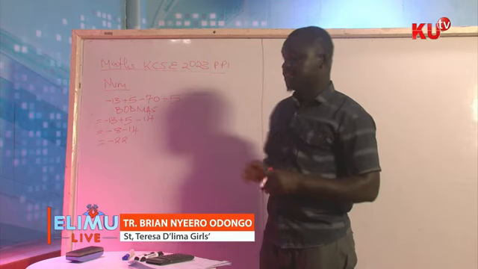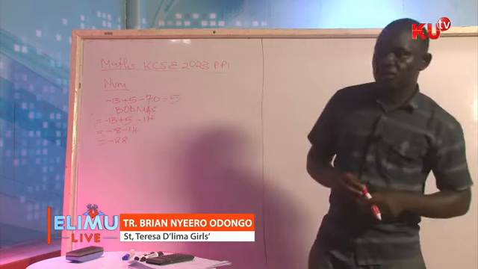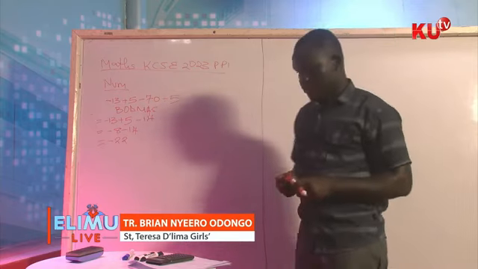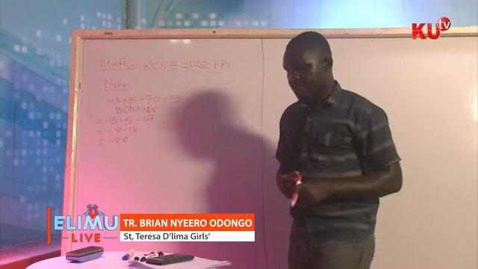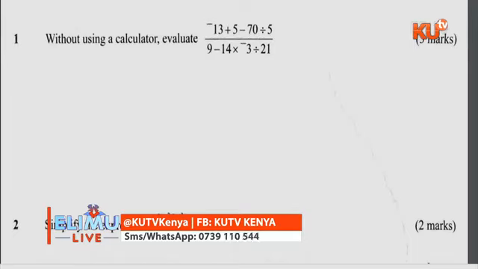Then after we've gotten the answer for the numerator, dear students, we go ahead and work out the denominator part of it. So let's check back our fraction. Under the denominator, it is 9 minus 14 times negative 3, then divided by 21.